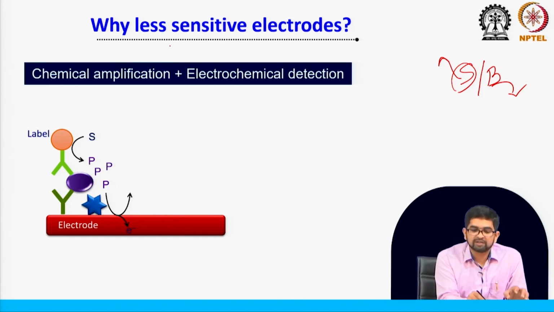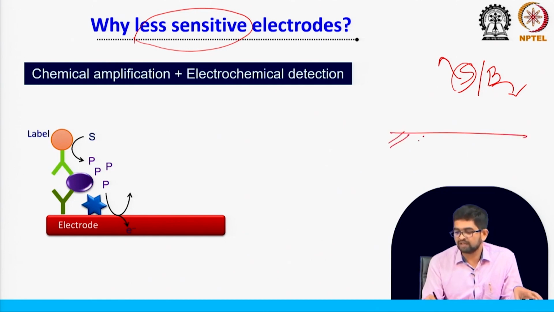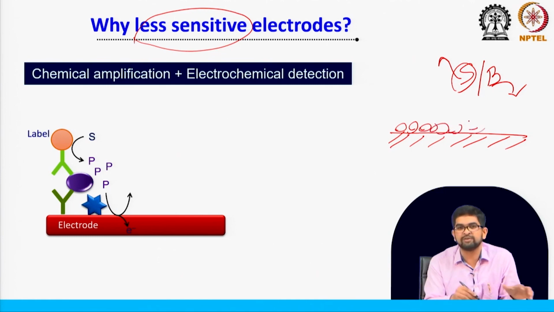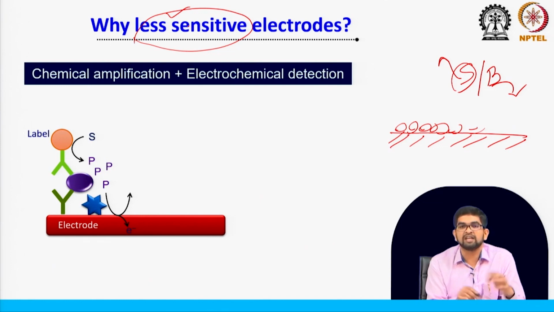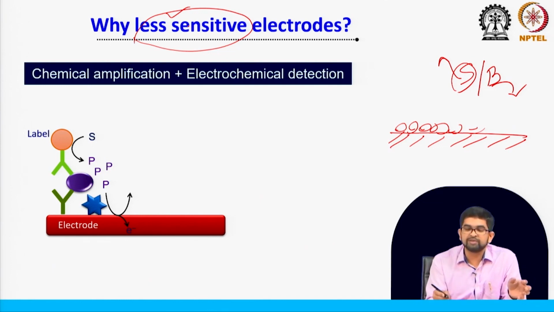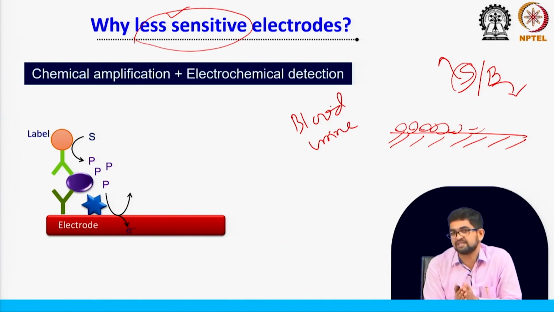So, for that we have to choose an electrode surface that is not highly sensitive. We are selecting some electrode where we are modifying some nanomaterial, whatever I taught you in the last few classes. That electrode should not be too sensitive to other chemicals. Other chemicals means, when you use a very complex sample like blood or urine, they contain many other species, that are called interfering species.